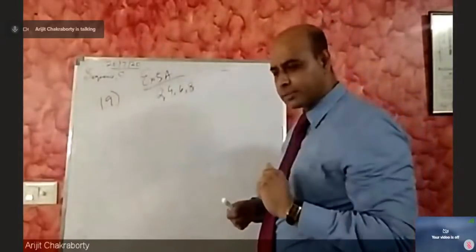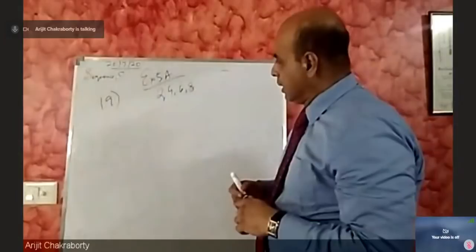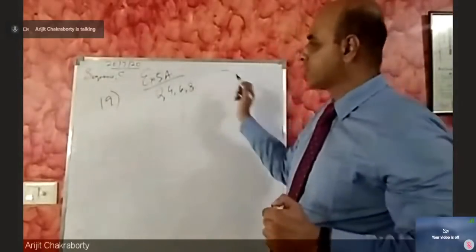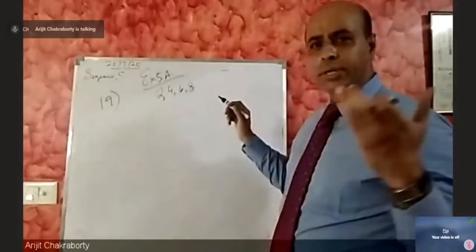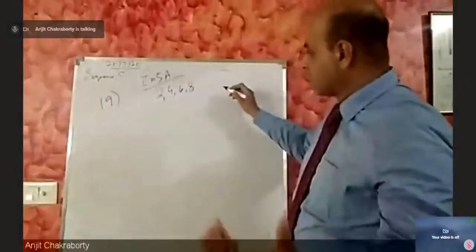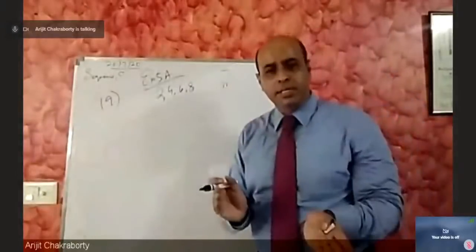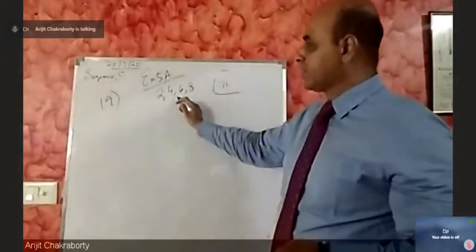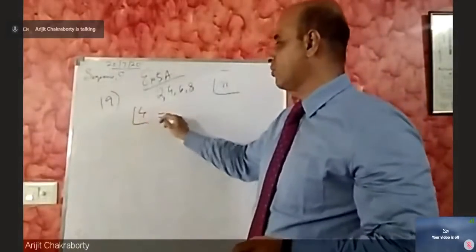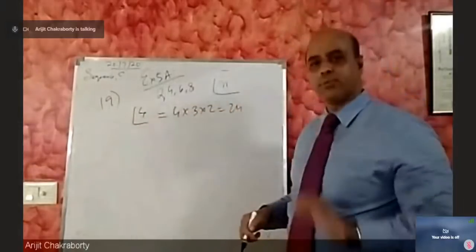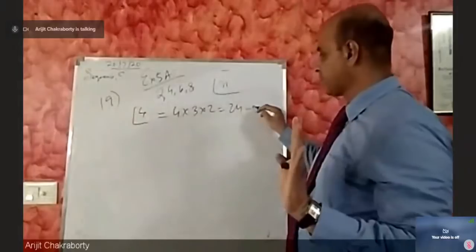First of all, let's do this. How many numbers will come with the digits 2, 4, 6, 8? We know there are 4 digits, and in general for permutation n objects can be arranged in n factorial ways. So 4 digits can be arranged in 4 factorial ways, that is 4 into 3 into 2, which is 24. Fine, 24 ways.